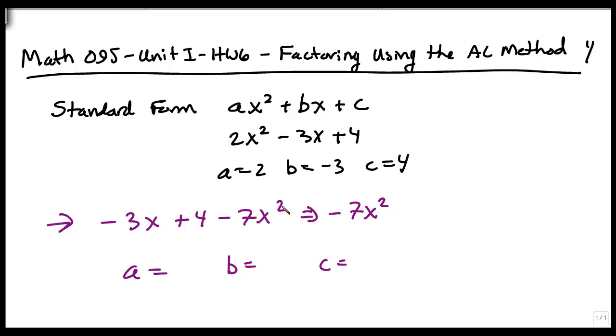So squared would go first. Remember, this has an implied 1, so that would go second. And then our constant would go last. So here, negative 7 is a, negative 3 would be b, and my constant term, 4, would be c. So again, if you don't have a, b, c in order, you need to make sure they get into order before we start factoring, and that will make this a lot easier.